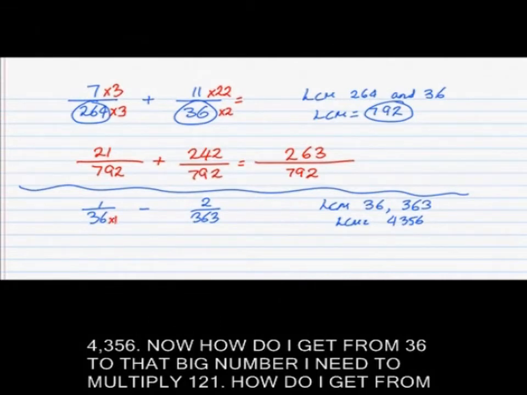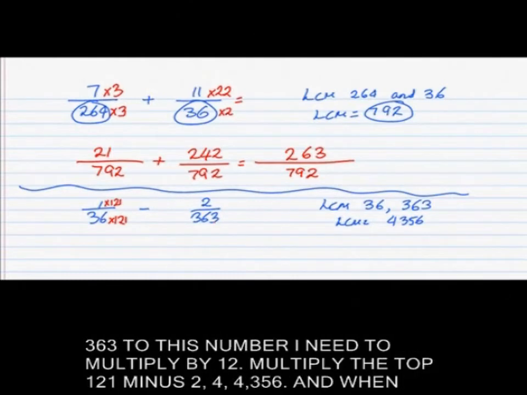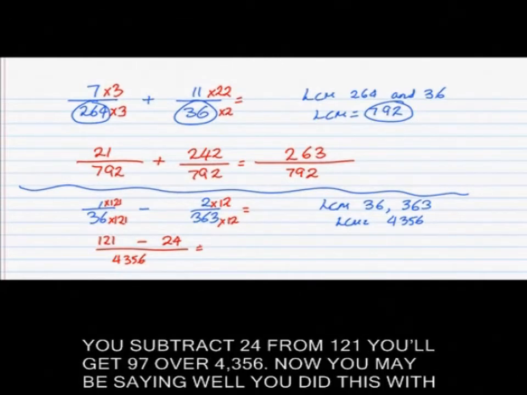I need to multiply by 121. How do I get from 363 to this number? I need to multiply by 12. Multiply the top, 121 minus 24 over 4,356. And when you subtract 24 from 121, you'll get 97 over 4,356.